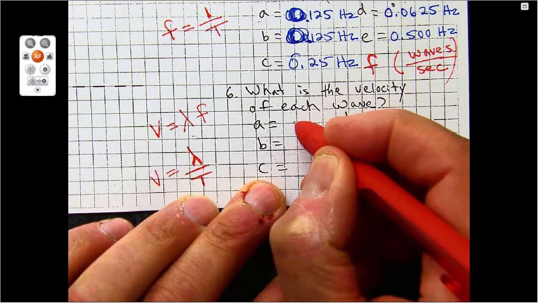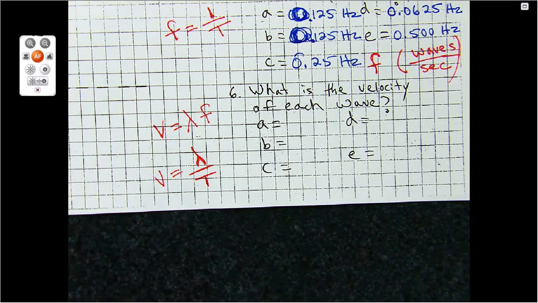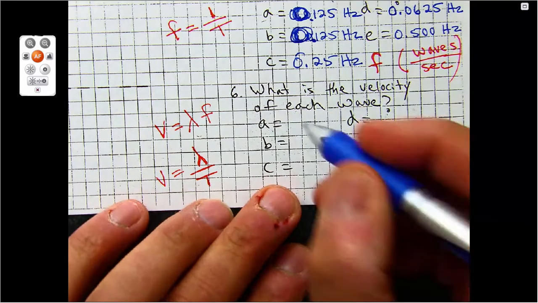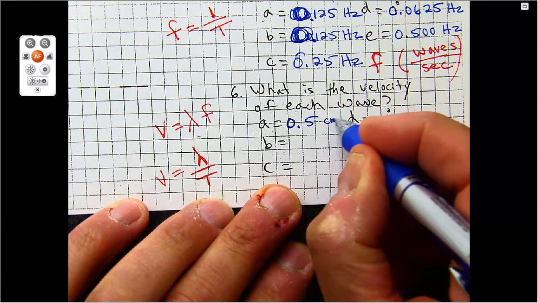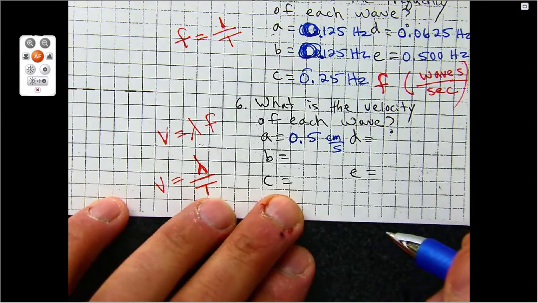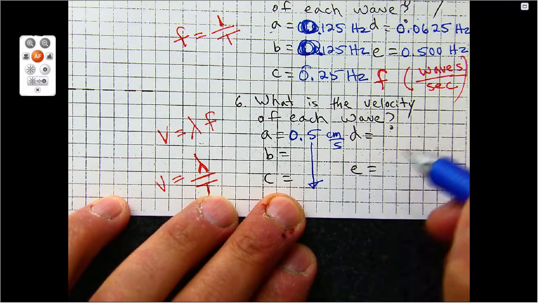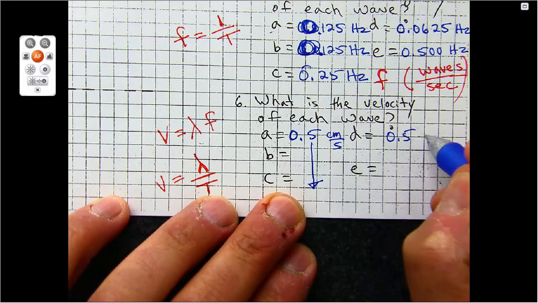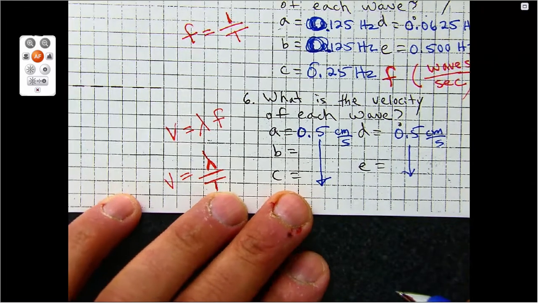Centimeters per second? Is that right? 0.5, correct? They all should be 0.5 centimeters per second.